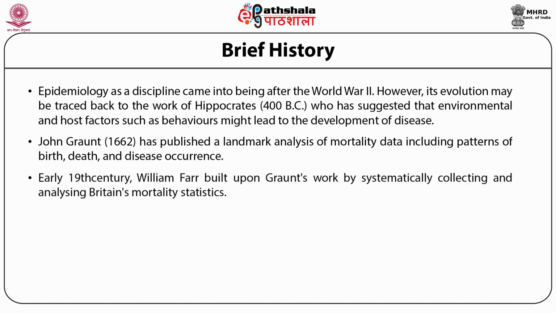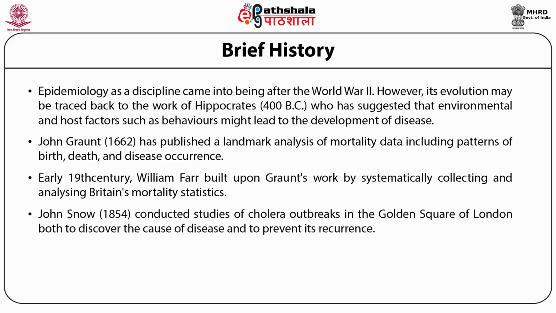In the early 19th century, William Farr built upon Graunt's work by systematically collecting and analyzing Britain's mortality statistics. John Snow in 1854 conducted studies of cholera outbreaks in the Golden Square of London, both to discover the cause of disease and to prevent its recurrence.